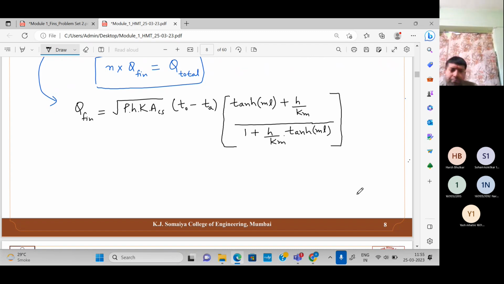Now we'll calculate m, because m is needed in this expression. So m is equal to root of pH by kA.